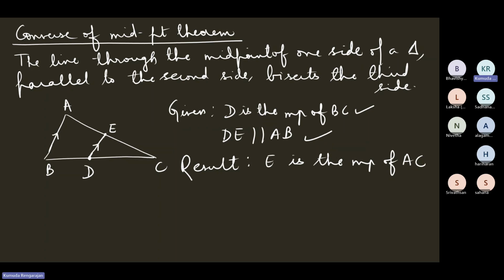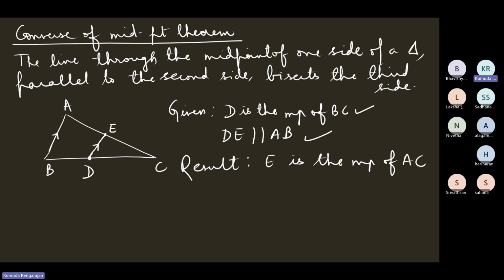So to use the converse of midpoint theorem, it's enough if you know the midpoint of any one side of the triangle. So here we know that D is the midpoint of BC. Then there is a line through D parallel to the second side of the triangle, parallel to AB.